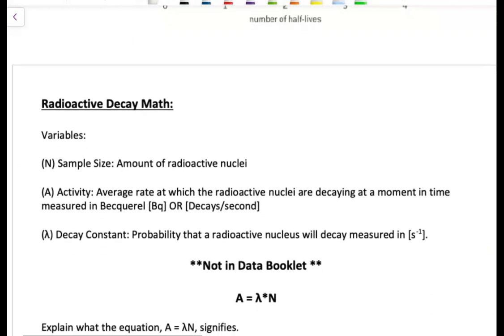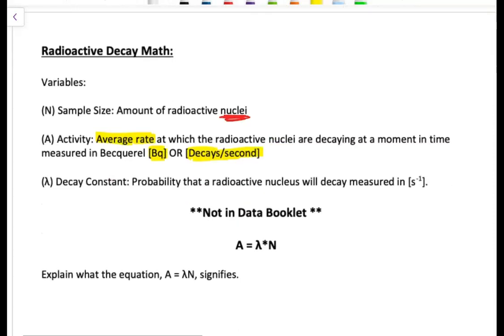So the first variable is N, our sample size, the amount of radioactive nuclei, so how many nuclei we have. A is activity, and this activity is the average rate of decay at a moment of time, and this may change depending on our sample size. The units for activity are decays per second, or becquerel, Bq, which signifies the average rate of decay.